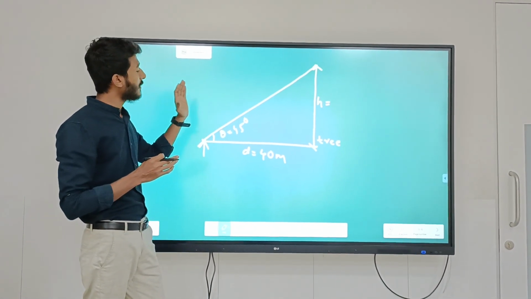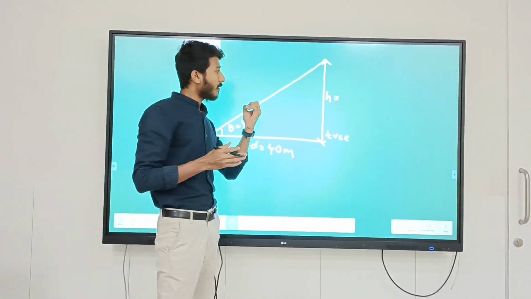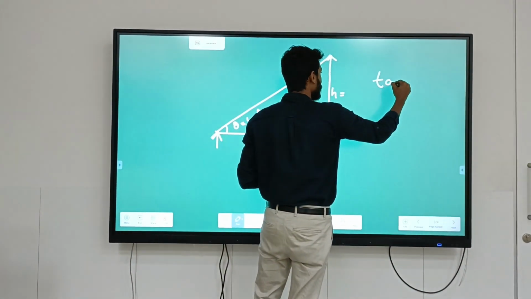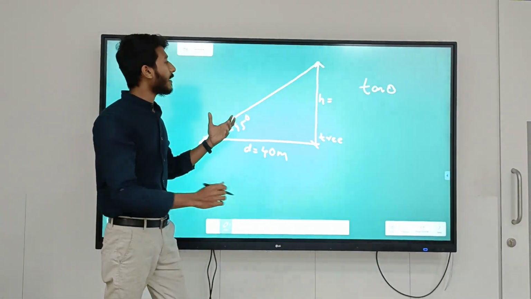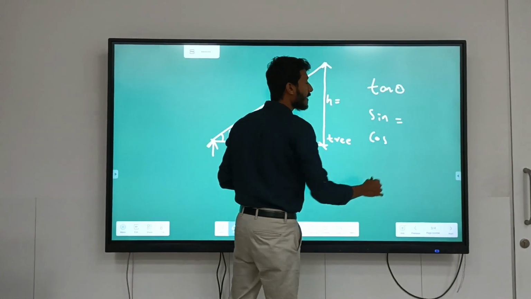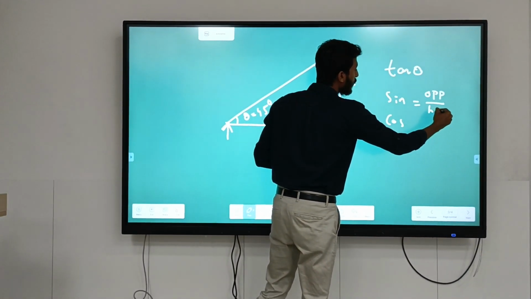If we know this angle as 45 degree, what will we do? We can use a trigonometric function, the tan function. Why tan function? The sine function is opposite side to hypotenuse.